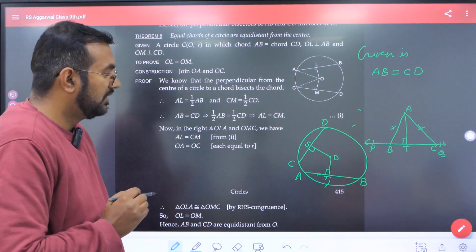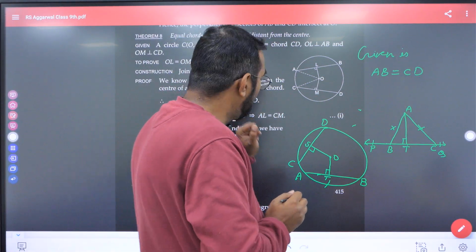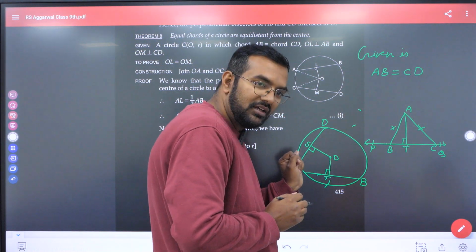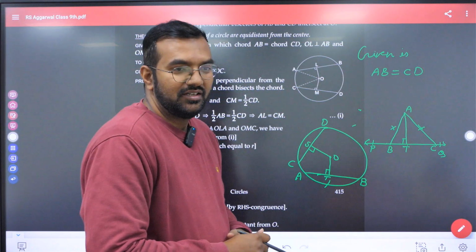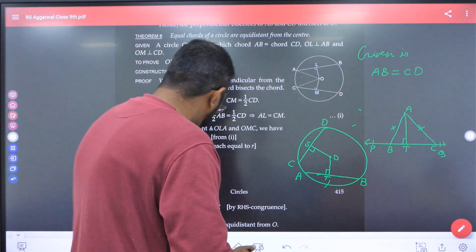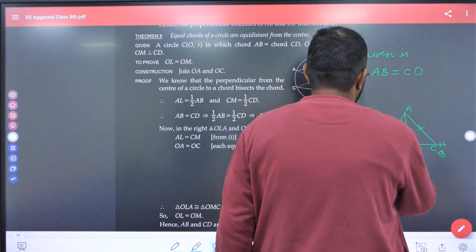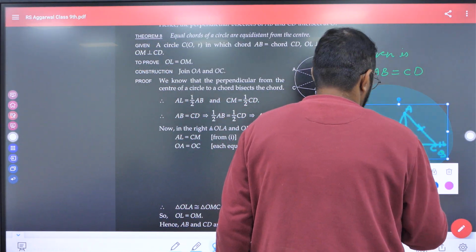And now, as the theorem is saying that if the chords are equal, then the distances will also be equal, we have to show that OT equals OS, and it is given that the chords are equal.